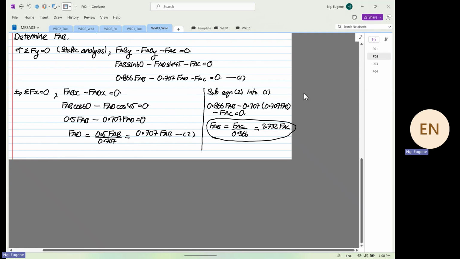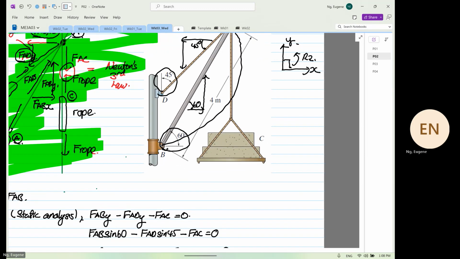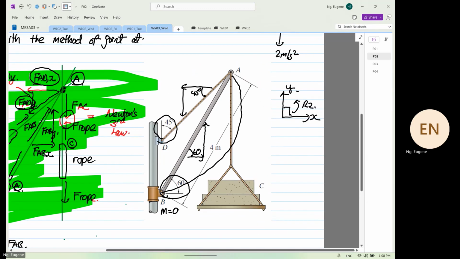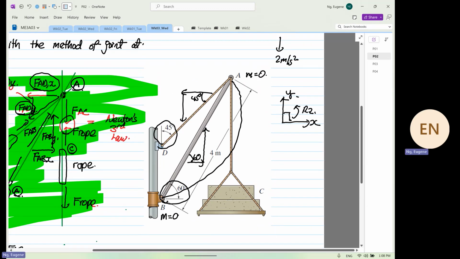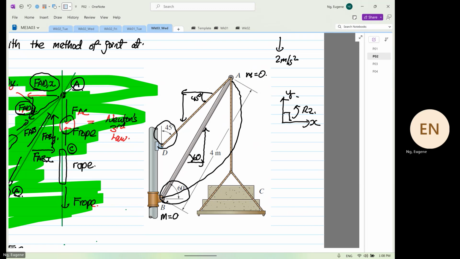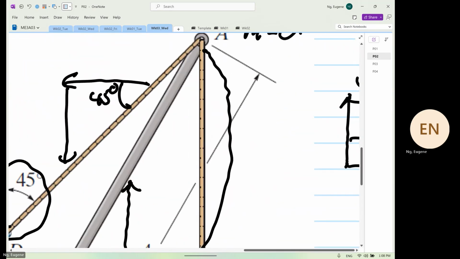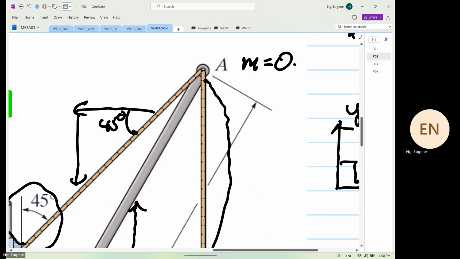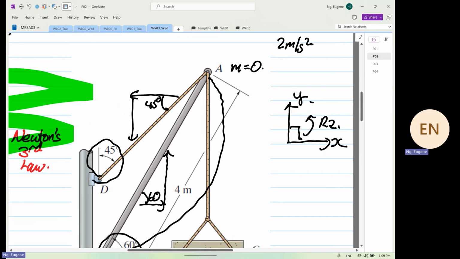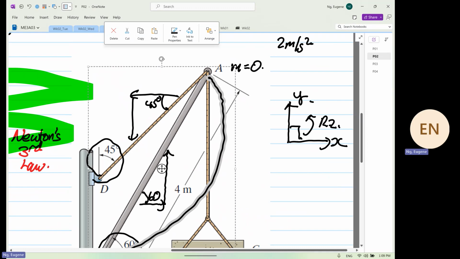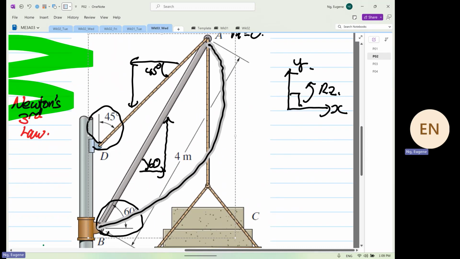The end of the rod is pin. Okay, so rope AD is independent of rope AC.